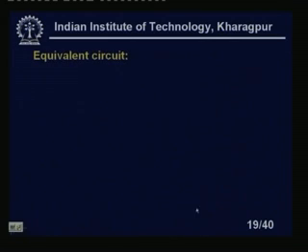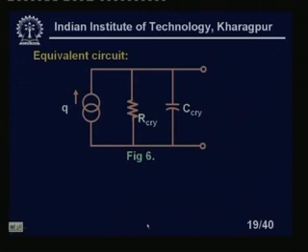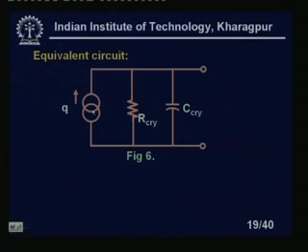Equivalent circuit of the piezoelectric crystal: you see like this one. So, we have a crystal, okay. Then, this is the equivalent circuit; if I replace this piezoelectric crystal by a signal generator, the circuit will look like this one.